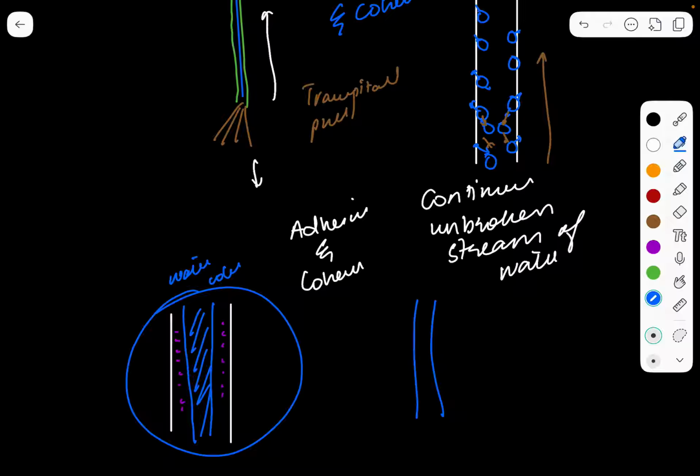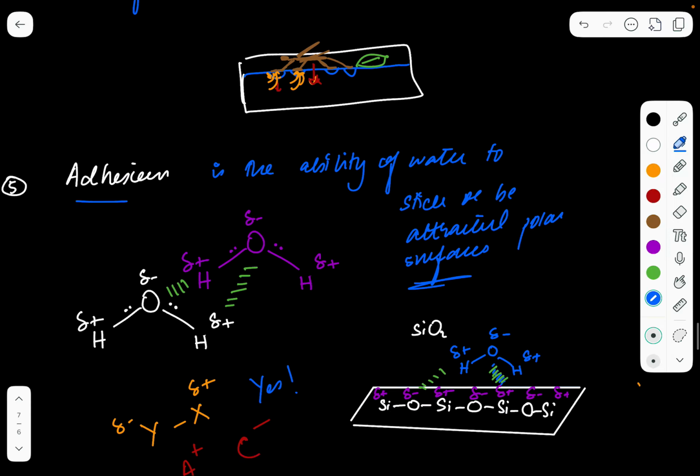So this property of adhesion is what allows water to go through pipes. What allows water to go through vessels. You can think of your blood vessels. You can think of your xylem in plants. Very important to a lot of these things. So this kind of ends our discussion of the properties of water and how all of them come from the fact that water is just a polar molecule with charges on it, right?